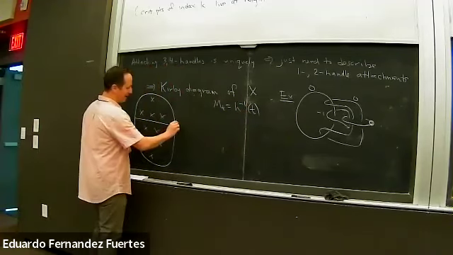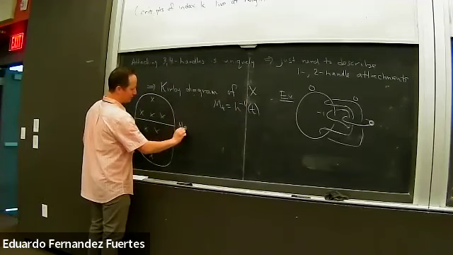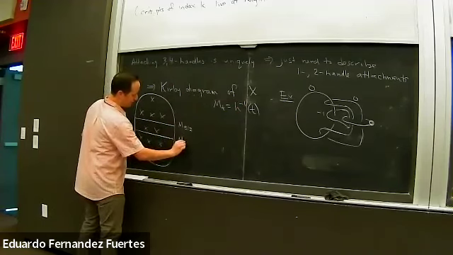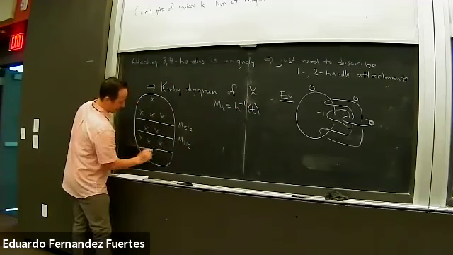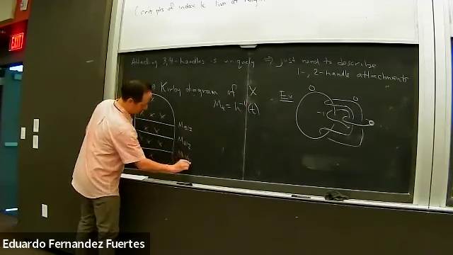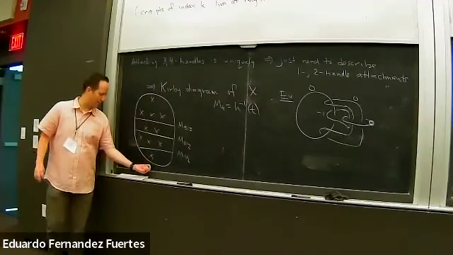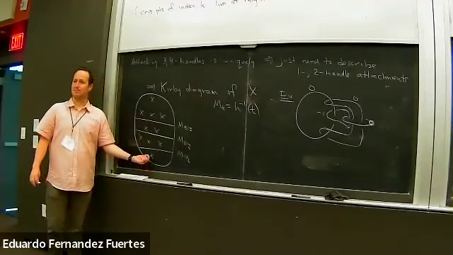So I can think of this middle level as being M5 halves, M3 halves, and M1 half.